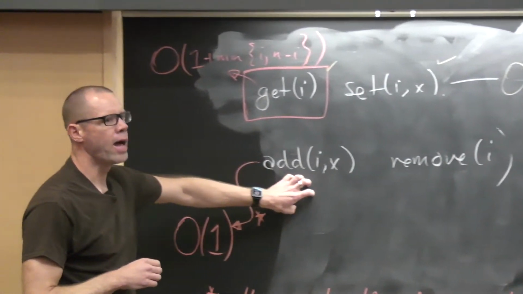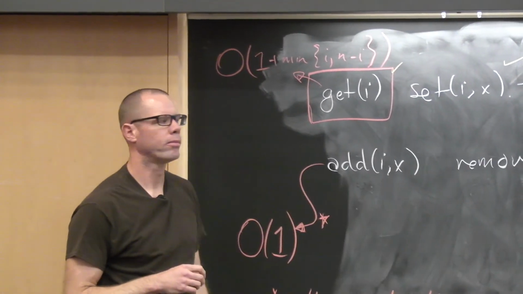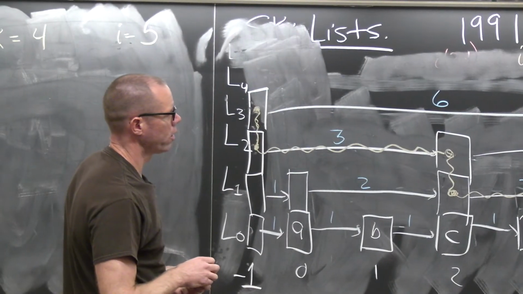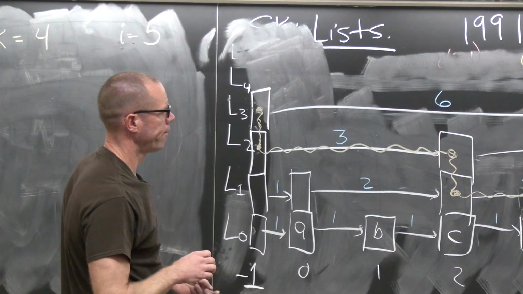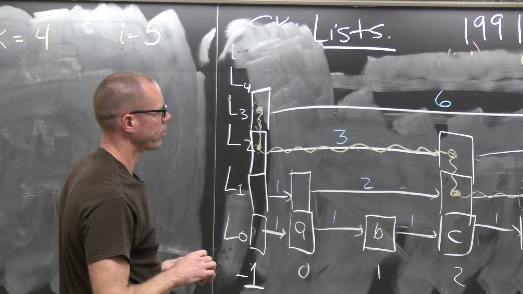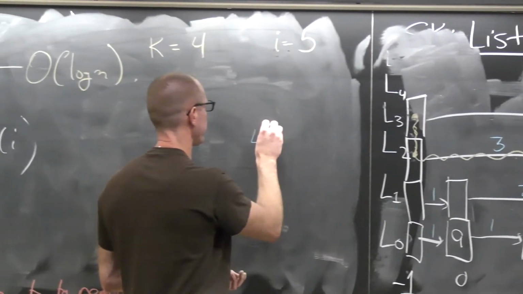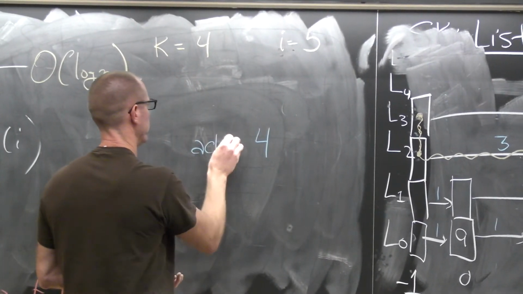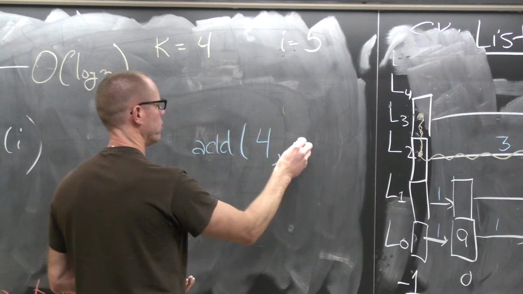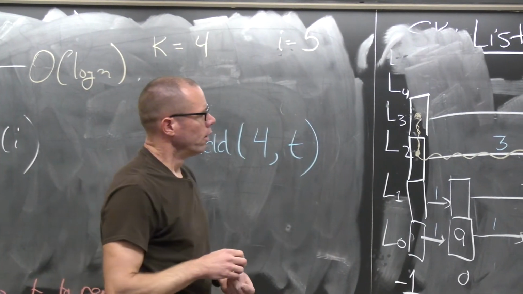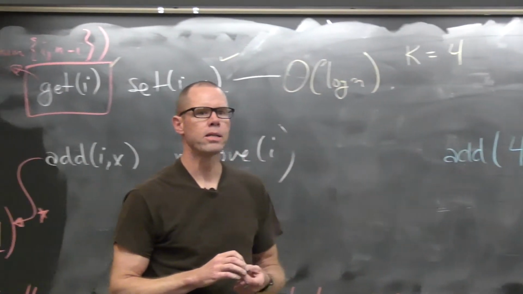Now how about if we want to add something? So let's say I want to add something at position 4. So where does that go in this list?